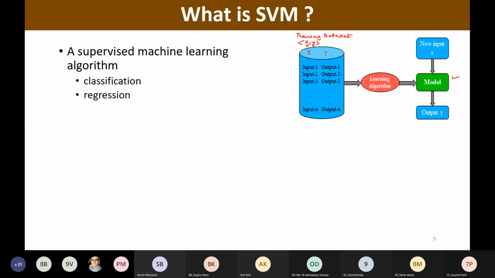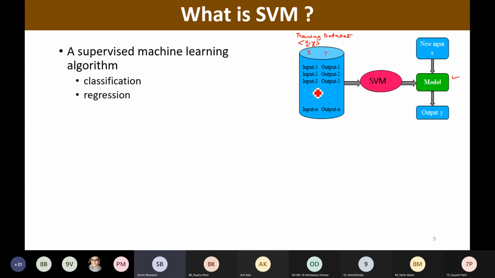Now where is the place for this support vector machine? As I stated, SVM is a supervised machine learning algorithm. So obviously, our support vector machine can be placed at this learning algorithm place. So we are having some training data.